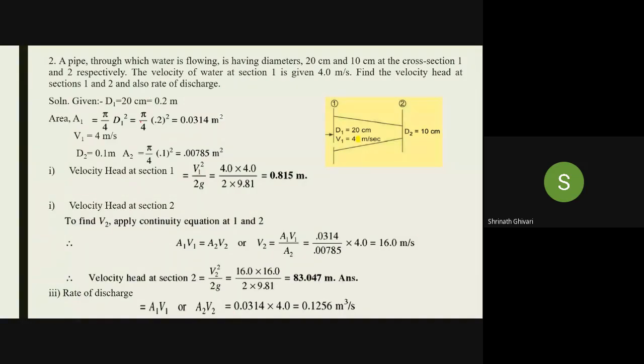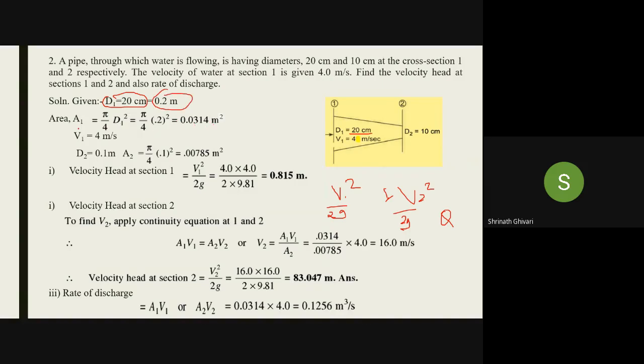So you have to find the velocity head, that is v1 square by 2g and also v2 square by 2g, and also you have to find discharge Q. Okay. Now, d1 is how much? 20 centimeter diameter here. Then its conversion is 0.2 meter.